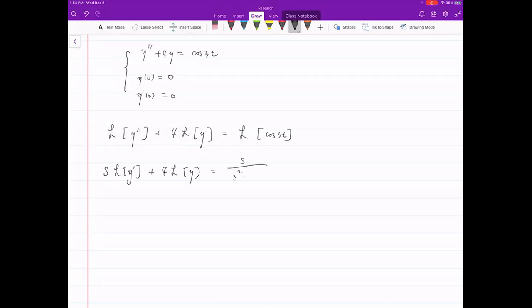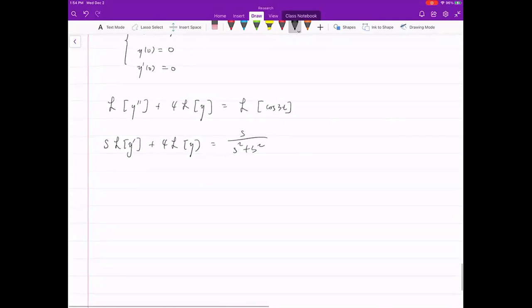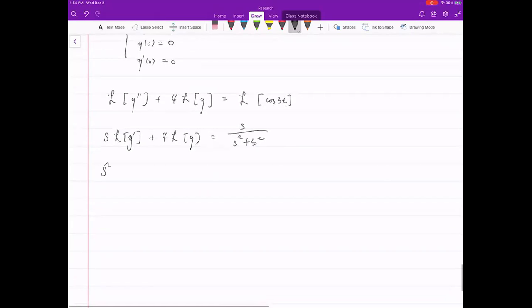s squared plus 3 squared. s squared this. Again, you should have an initial value, but again, it's 0 for simplicity.